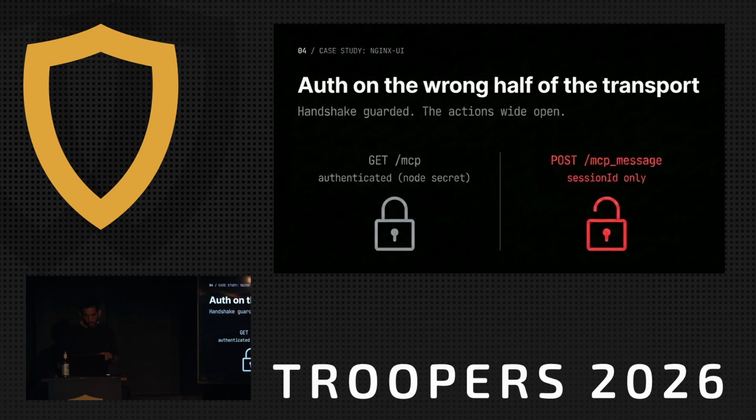So what we did here is basically, again, posting through the unprotected endpoint. There is authentication that we need to go through at the first stage to connect to the MCP, but there was a different vulnerability that I won't discuss here, present at the time that we did the research, that allowed us to gain access to that. It's called a node secret.